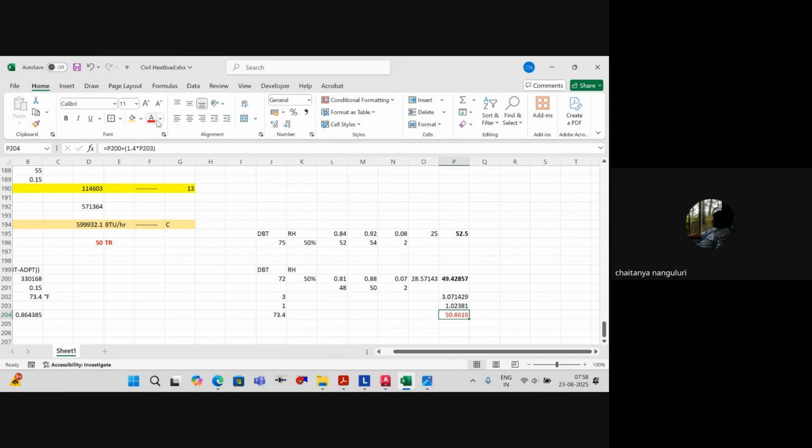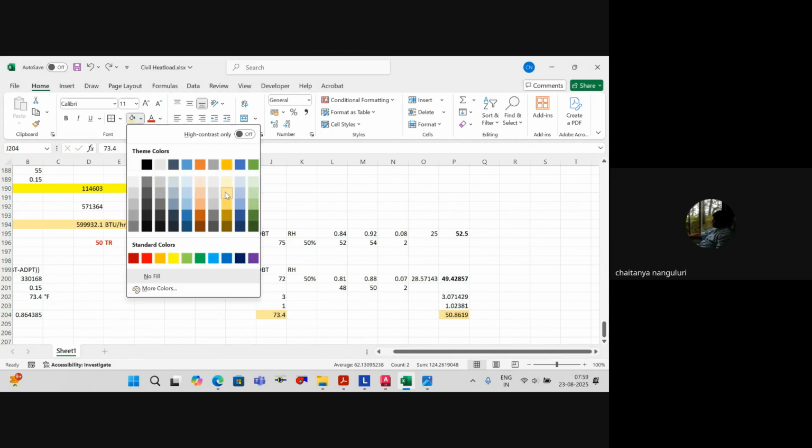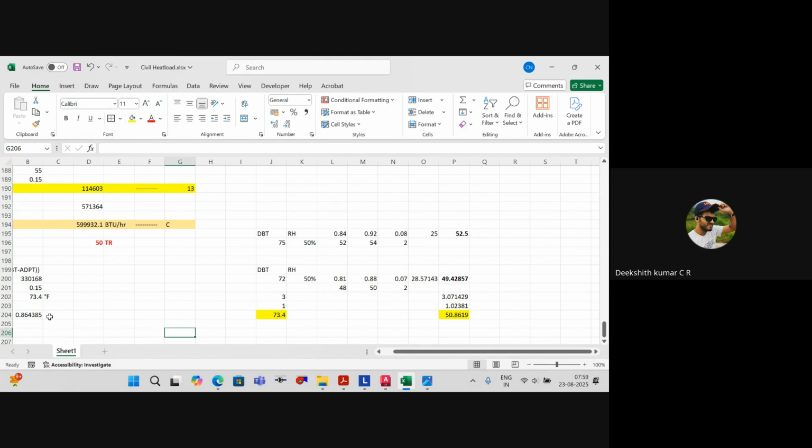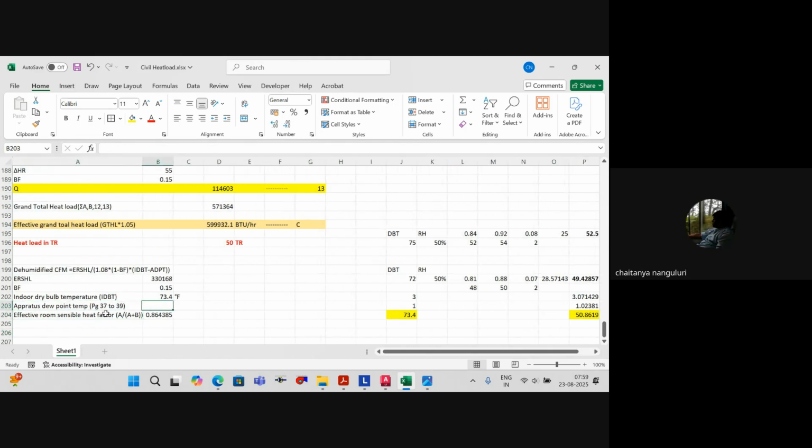Understood or not? Yes, interpolation, that's all. Plain interpolation we have done, but only three times. So 50.86 is equal to this value. I'll mark it. So this is our interpolation.